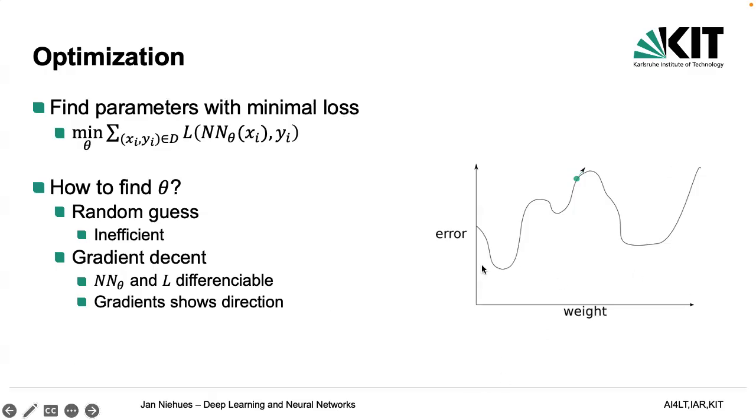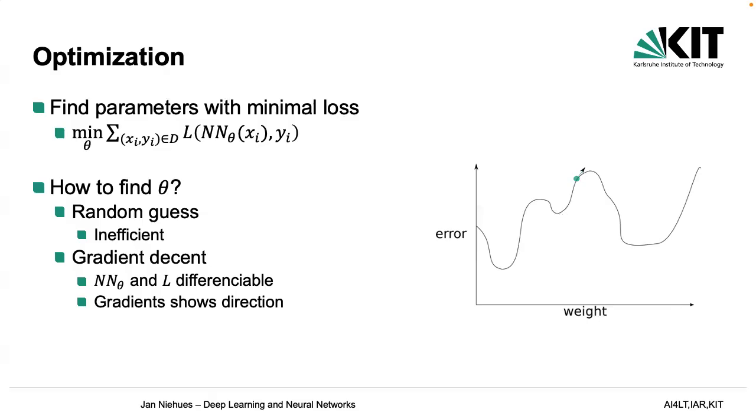But what we can do is calculate the derivative. And then you see here, this will show you in which direction the function goes down and in which it goes up. So it shows the direction of going up, so we can go in the opposite direction, and then we go down. And if we're doing small steps, we would end here. So you already see one big problem of this type of solution.